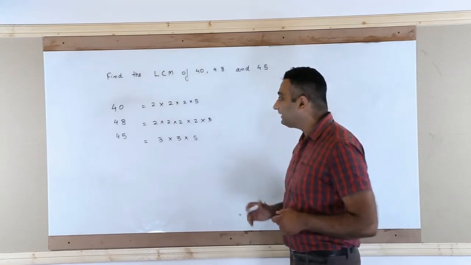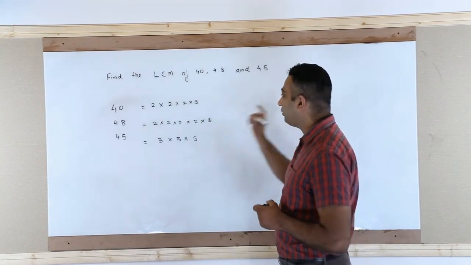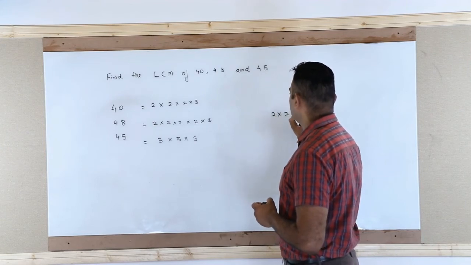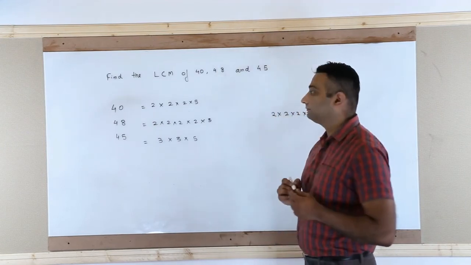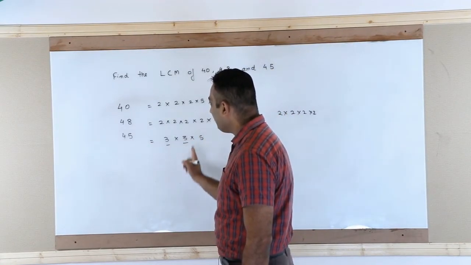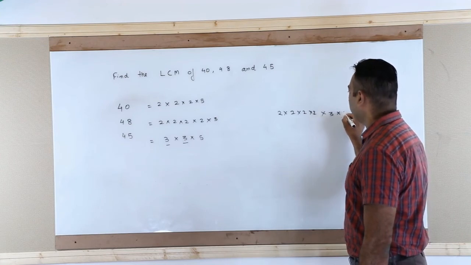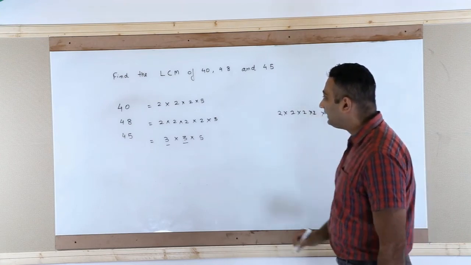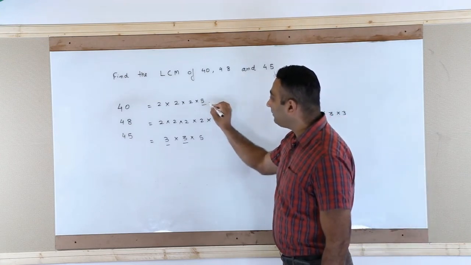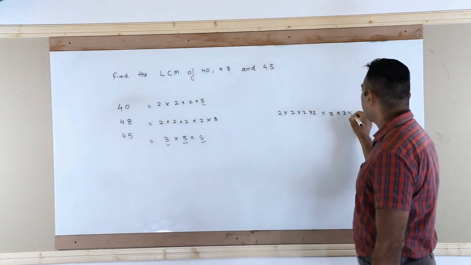Now we can see that 2 appears maximum 4 times in the prime factorization of 48. Now we can see that 3 occurs maximum 2 times in the prime factorization of 45. Now we can see that 5 occurs maximum 1 time in the prime factorization of either 40 or 45.